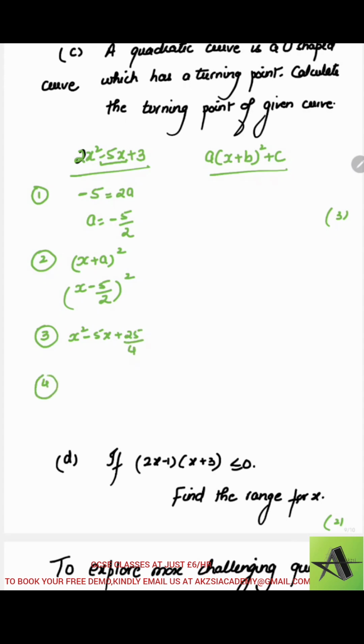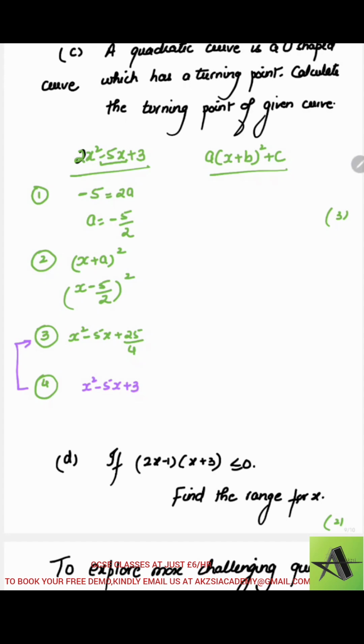Fourth step is I need to write down my original equation, which is 2x squared minus 5x plus 3. And I need to compare these two, the expanded equation that we have calculated and the real one. Now I can clearly see that x squared is the same, minus 5x is the same, and 25 over 4 and here 3 is different.